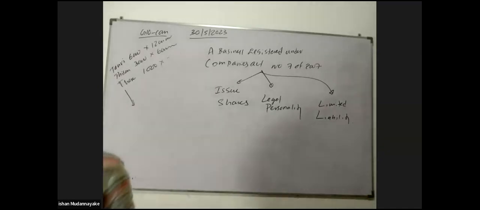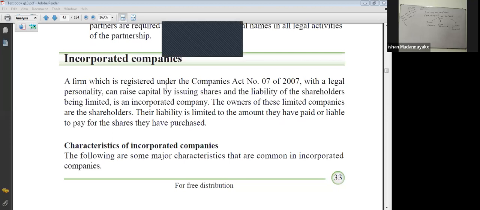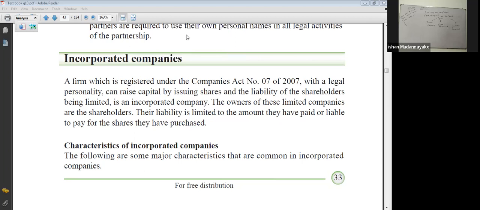Right, quickly, we will move into the textbook. Look at the textbook.